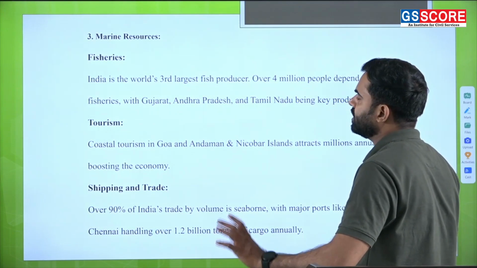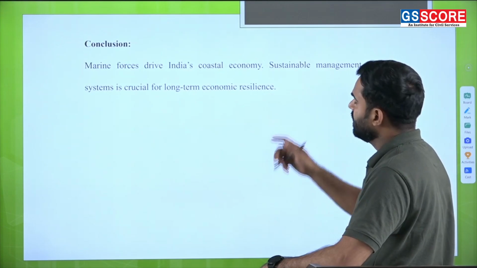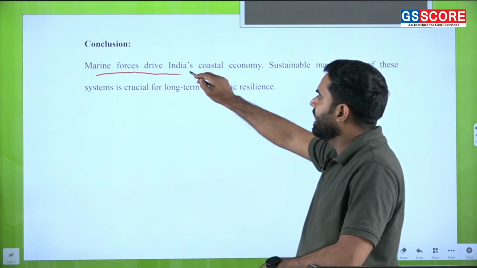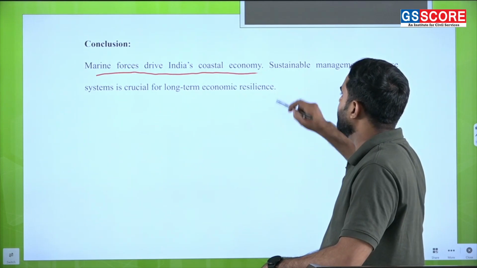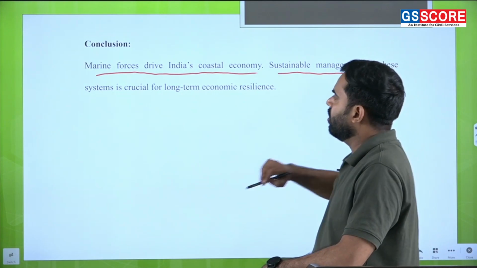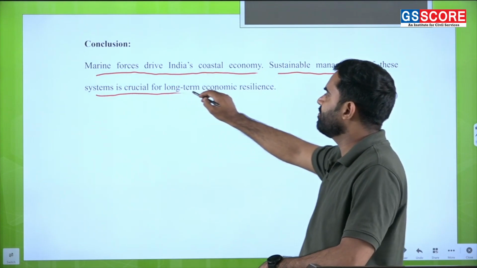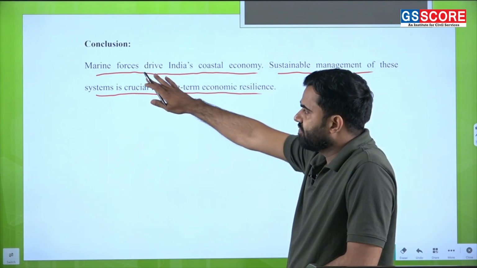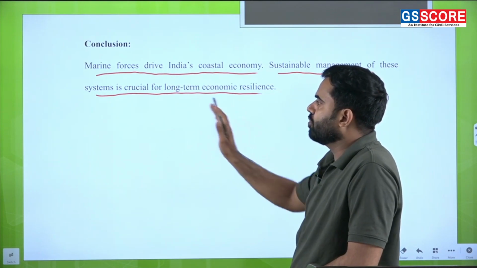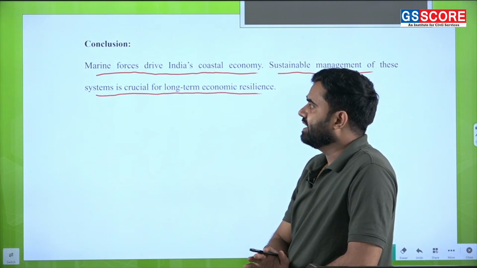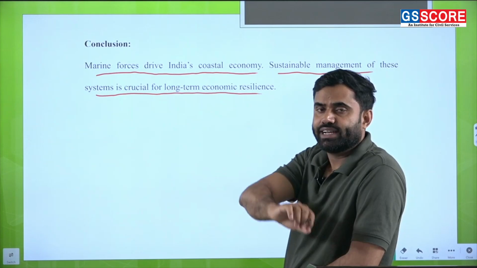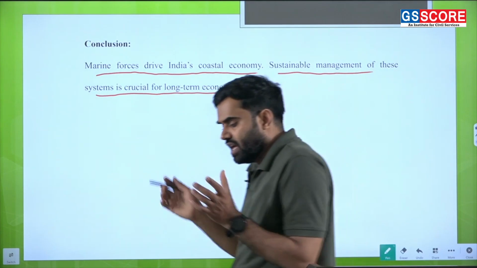Now it's time to conclude the answer. Look, I concluded the answer. Marine forces drive India's coastal economy. Sustainable management of these systems is crucial for long-term economic resilience. I decided to write marine forces, not just tides, waves, and marine resources.